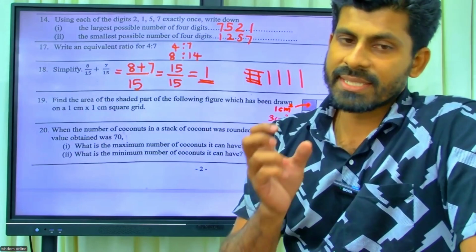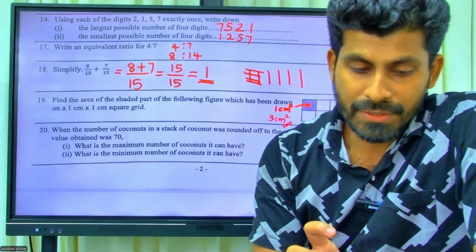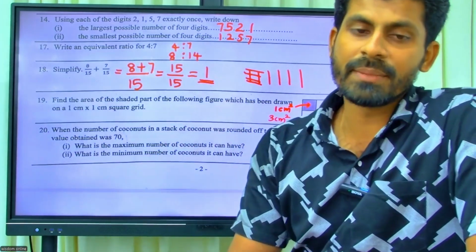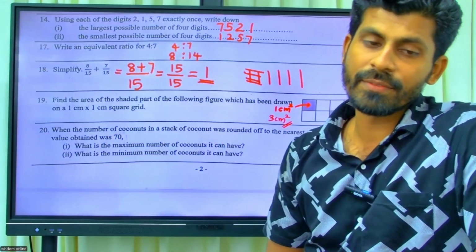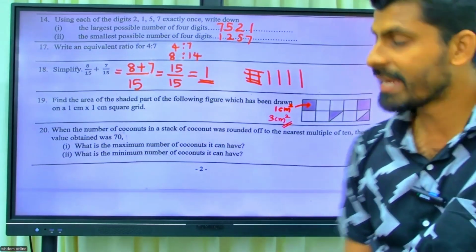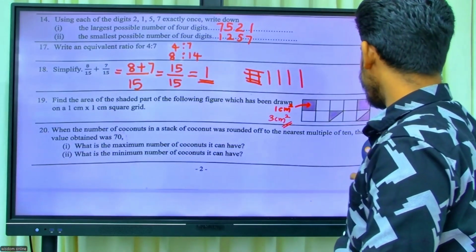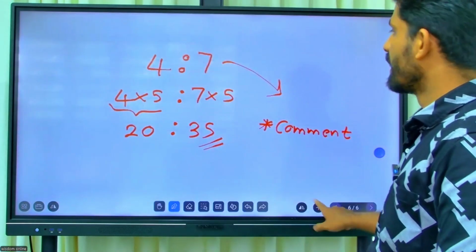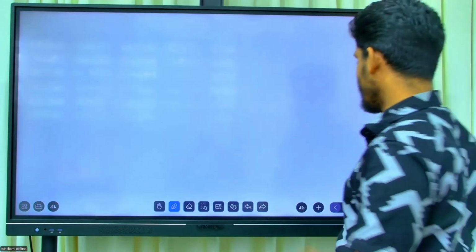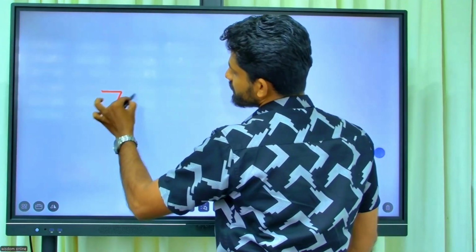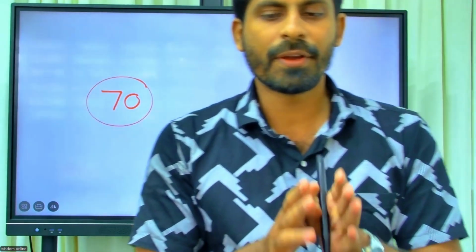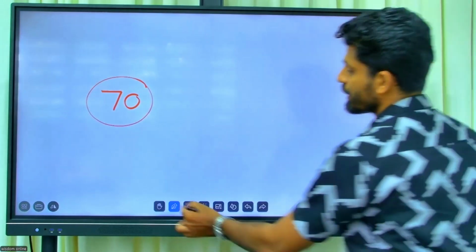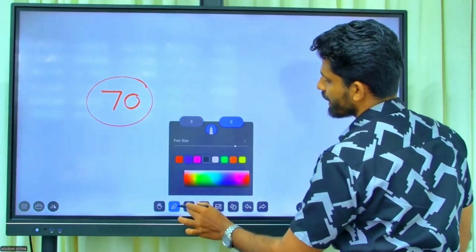So that means when you round off a number to the nearest multiple of 10, that value equals 70. Just consider the value 70. What are the values that round off to 70? What are the values taken?